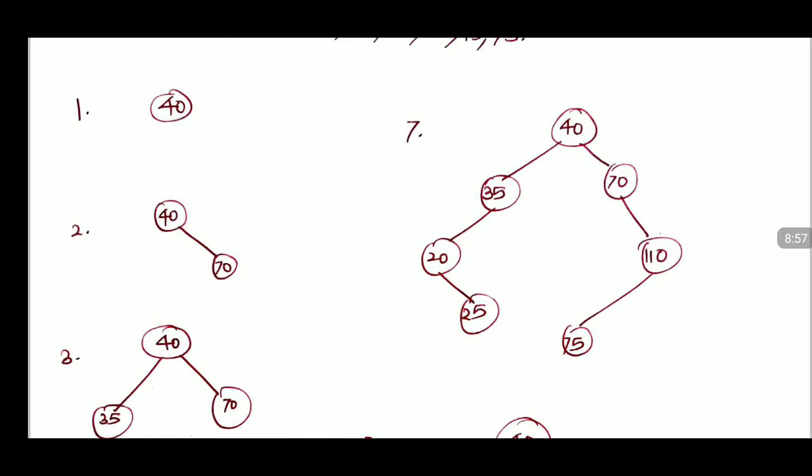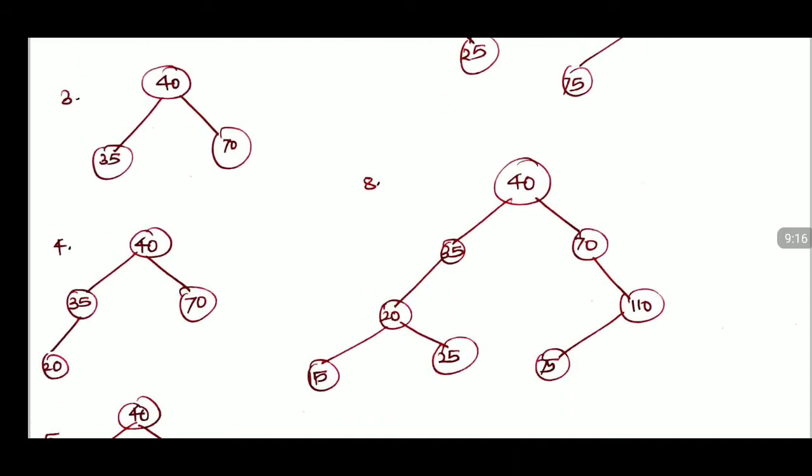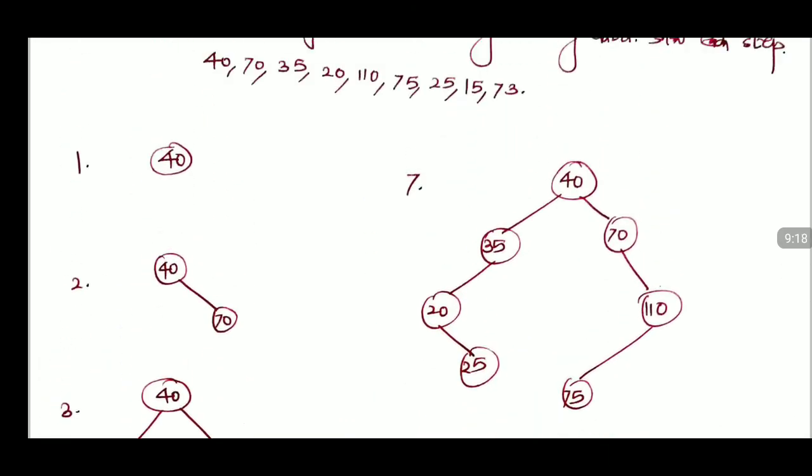Now we'll compare this 25 with 20. We identify 25 is greater than 20, and right part of 20 is empty, so 25 is entered into the right part of 20.